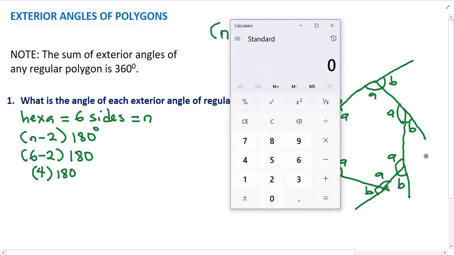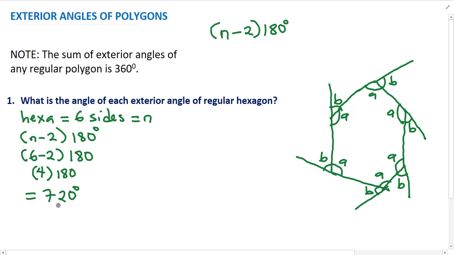Okay. So we have our on-screen calculator. So 4 multiplied by 180 gives us 720. Okay, 720 degrees. So this is the sum of interior angles in this hexagon.